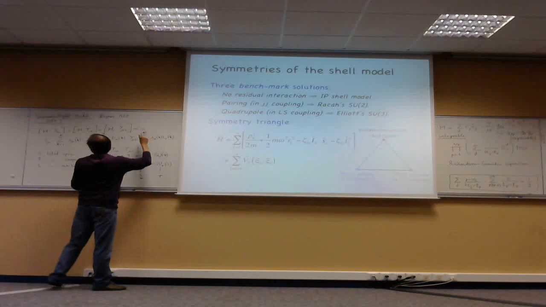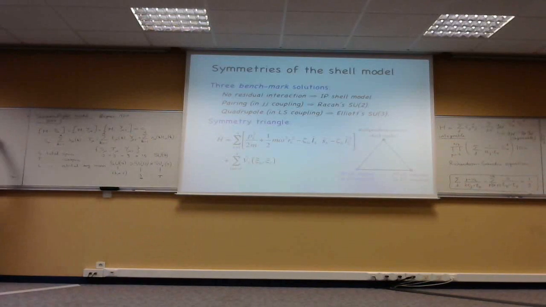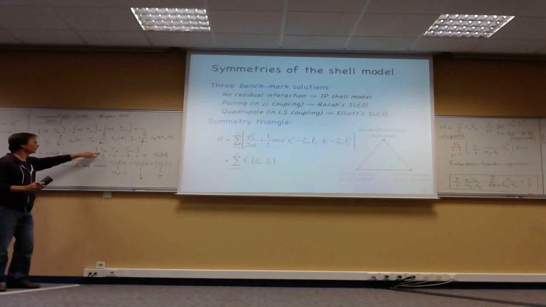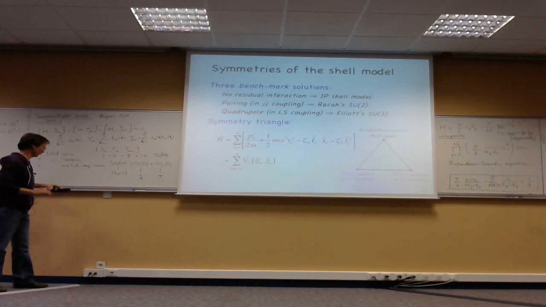The number of generators of SU(omega) is omega squared minus 1. If you wish, I could have added here the number operator, or whatever I call it usually, little n, okay? The number operator, if I add it here, then I have U4.